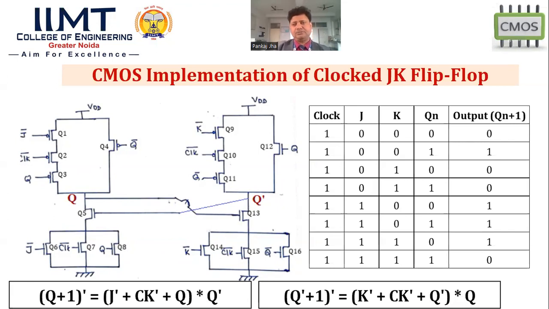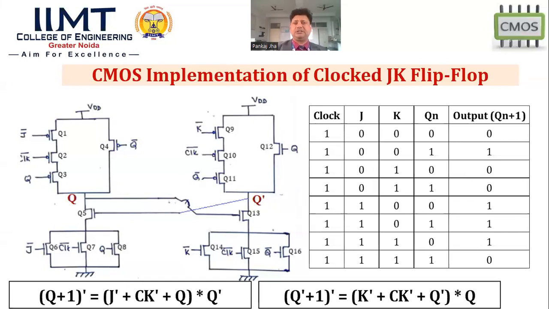Okay. So first we discussed SR flip-flop. In SR flip-flop, the 1-1 condition is producing invalid output. Invalid output means when Q and Q bar both have the same output, we say it is invalid.